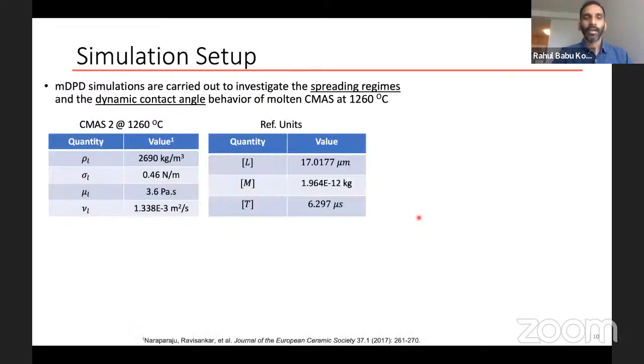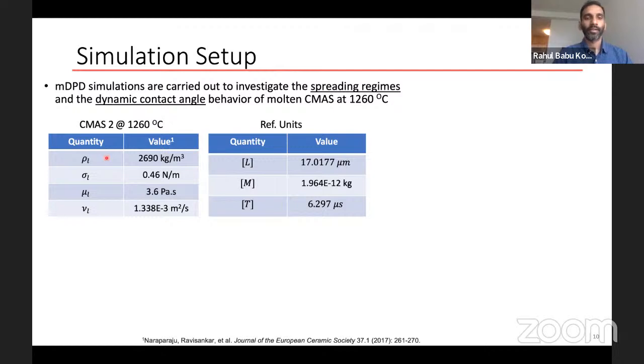So finally, we have all that we need, and we carried out a few simulations to look at the spreading regimes and how the contact angle evolves over time for a molten sand droplet at a fixed temperature of 1260 Celsius. And here are the properties of the CMAS that we used.